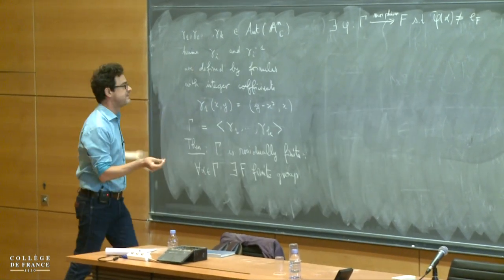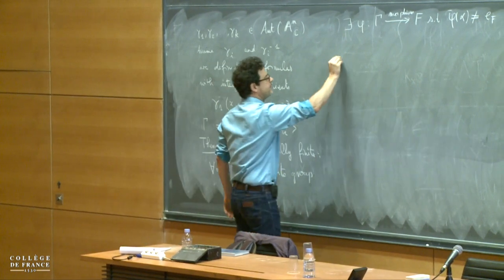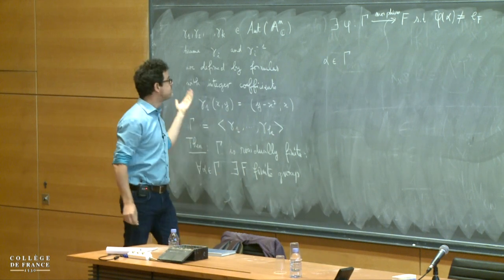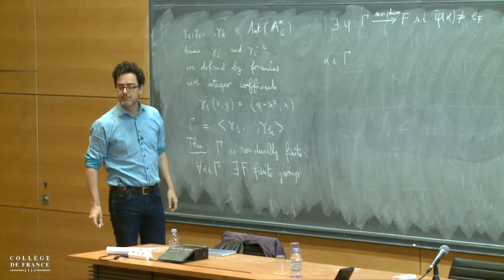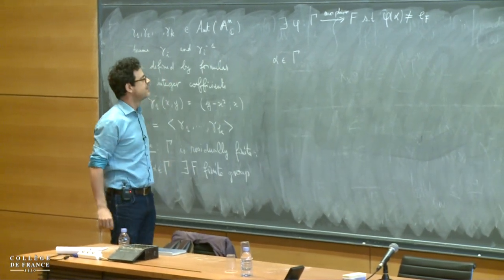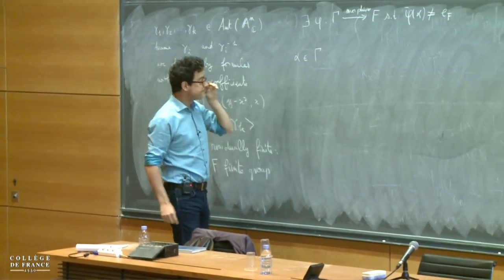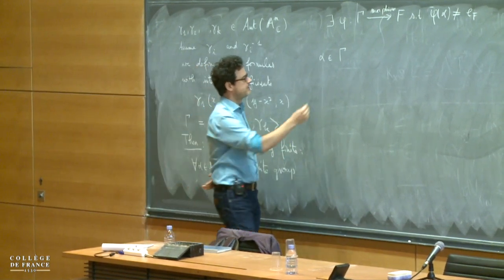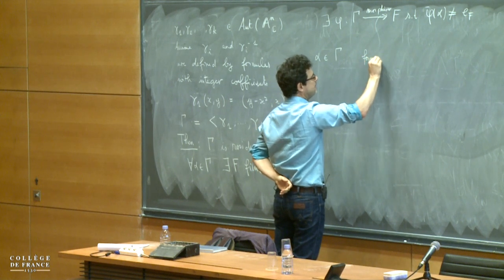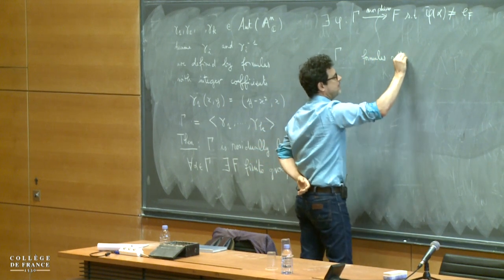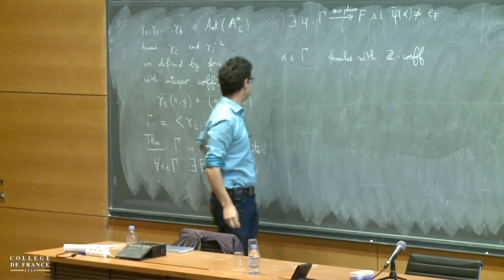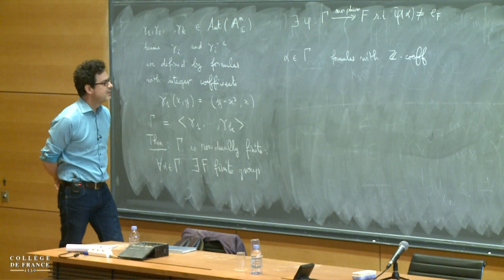Okay, so I want to prove this. It's quite simple. So you start with an element alpha in gamma. So it's given by formulas with integer coefficients, because it's generated by the gamma i.